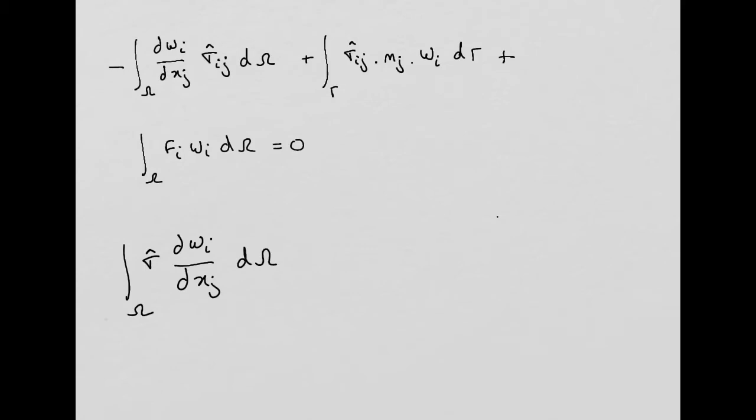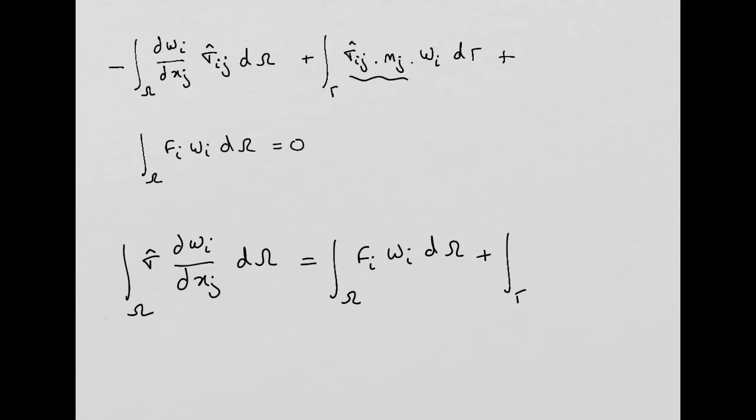And then I will send these integrals to the right hand side, so they will become negative, but because I'm multiplying everything by -1, they become positive. So I will have the integral in the domain of the volume force times the weighting function, plus the integral in the boundary.